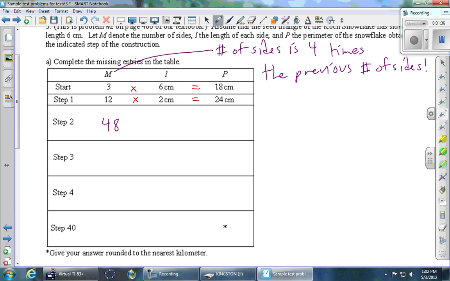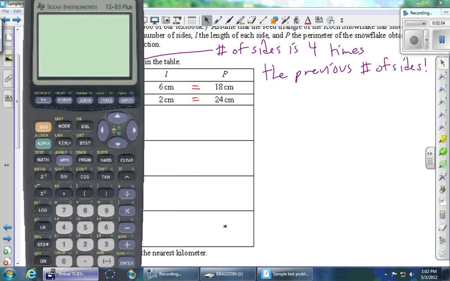That's how many sides are on the next generation, the second generation of the Koch Snowflake. Multiply that by 4, I think we get 192. And then multiply that number by 4. I think it's 764.